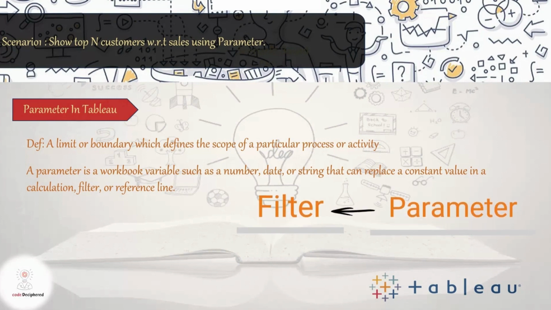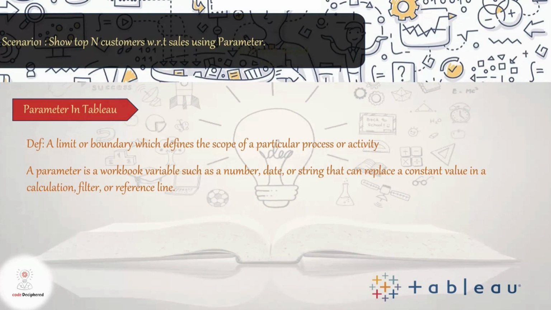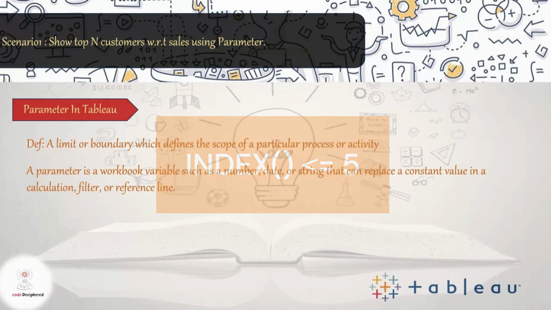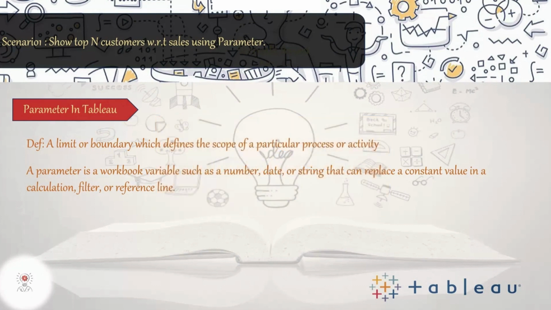Like when we were limiting our data to show only 5 customers, we were using filters. So if our index was less than equals to 5, which means restricting the data to the first 5 customers, we were defining a boundary. Now parameters can be used to replace this constant value in the filters.